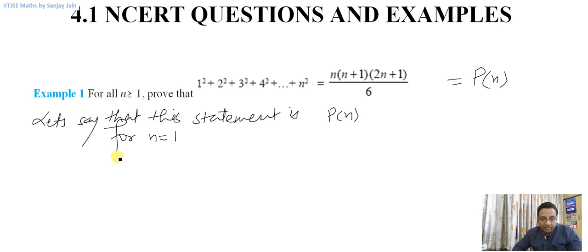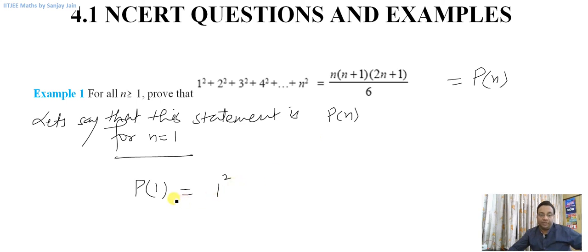Now for n equal to 1, what will be P of 1? The left hand side will be 1 squared. P of 1 means I need only the first term, right? If there is P of 2, then I'll take the first two terms, P of 3 the first 3 terms, P of n the first n terms, right? So this is P of 1 that I'm trying to prove.